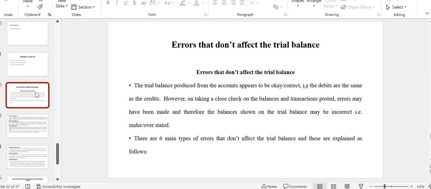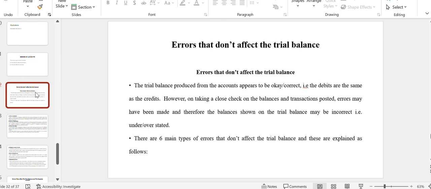This means that after preparing the trial balance, the debit side and the credit side will be equal. The total on the debit side and the total on the credit side are equal.